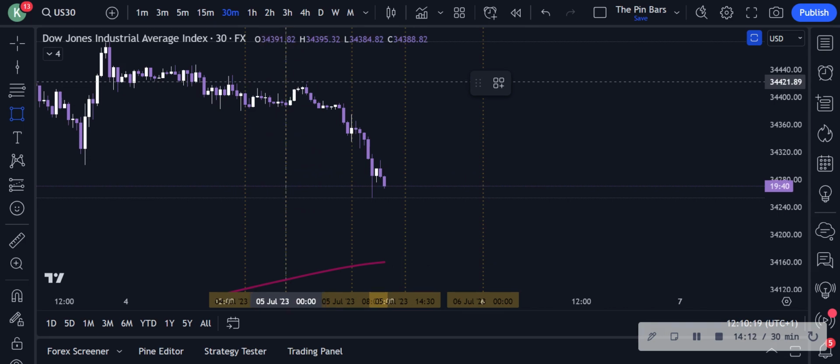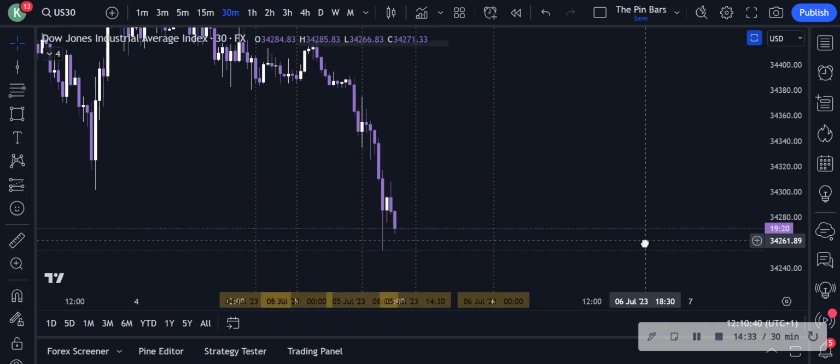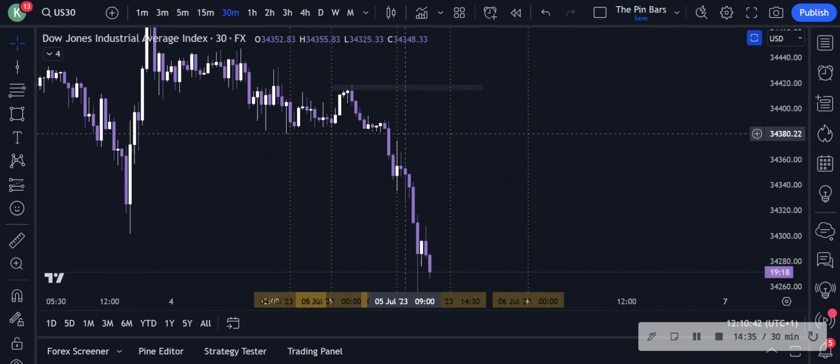So this is Asian. This is London. So let's just draw Asian, shall we? This is previous London. Asian, this is the high. Really, really tiny high. Price did not come here to test, but then we had a low.